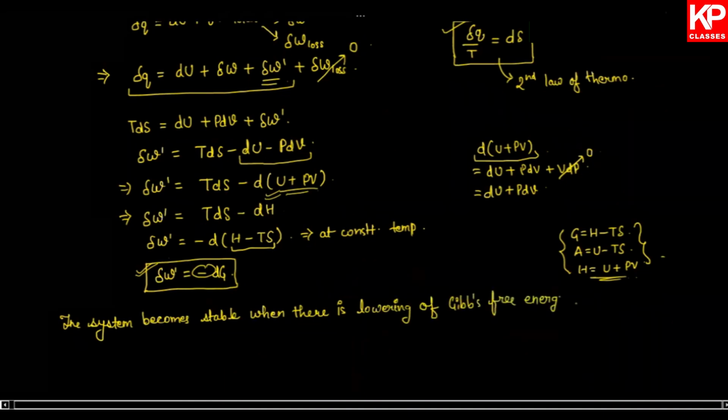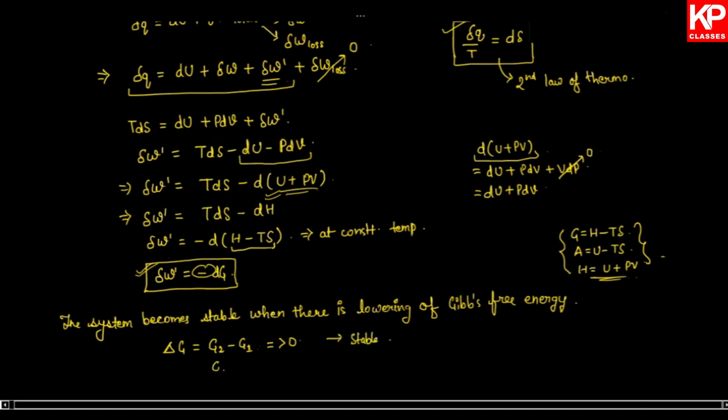I hope everyone has come across this particular expression that delta G is G2 minus G1, right? Everyone has once seen this expression that the difference in the Gibbs free energy is given by the Gibbs free energy of state 2 minus the Gibbs free energy of state 1, that is, the final minus initial state, where the system is stable only if this value is lesser than 0. Whenever G2 minus G1 is less than 0, the system is stable.